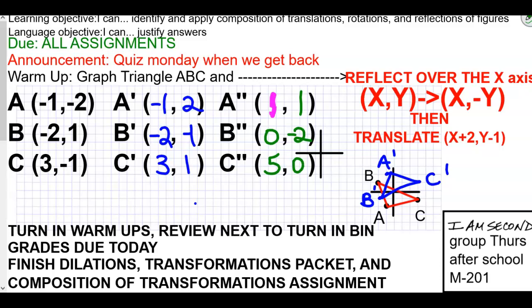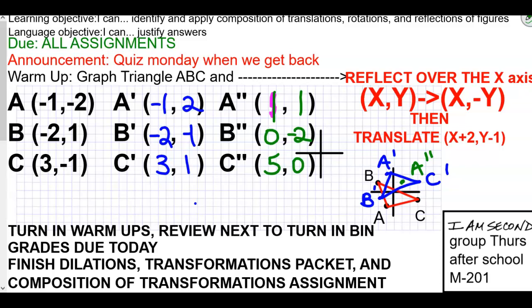Now we're going to plot this, okay? So we're going to start at the origin again. The first number is the x-axis, second number the y-axis. So we're going to go 1, 1. And that is the new A with two little marks there.